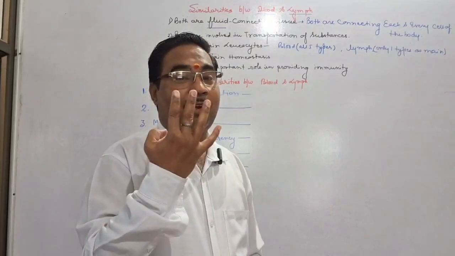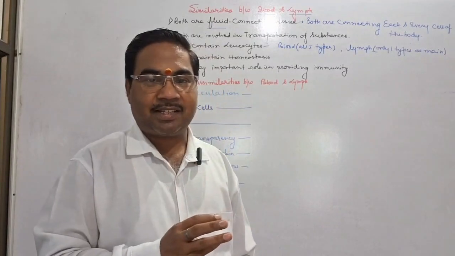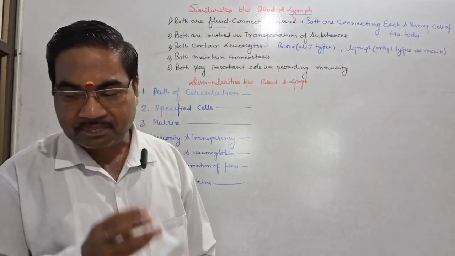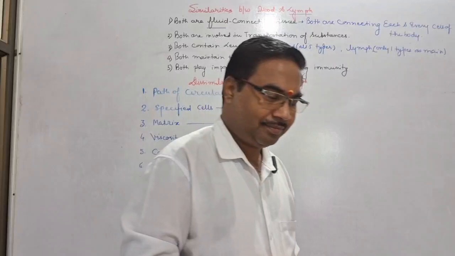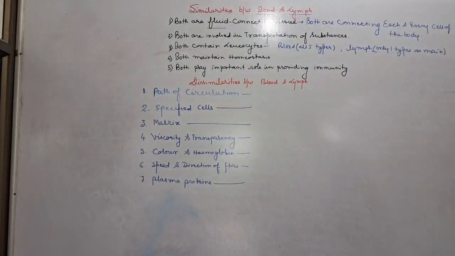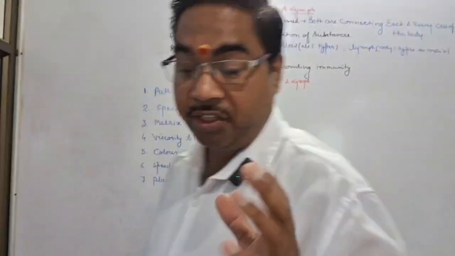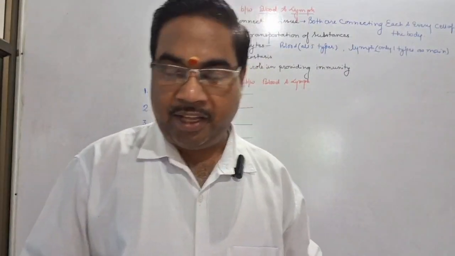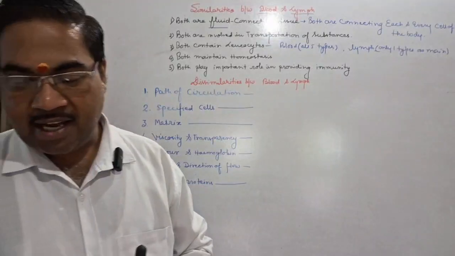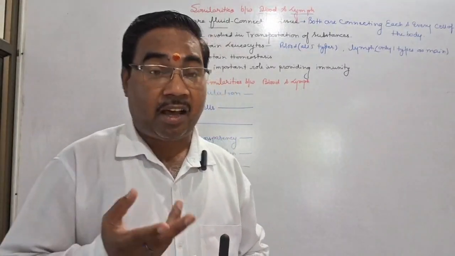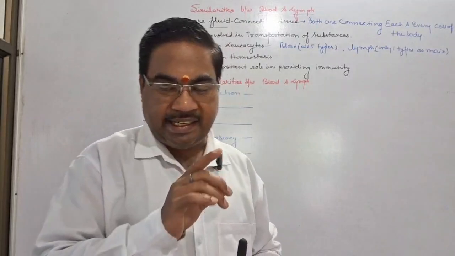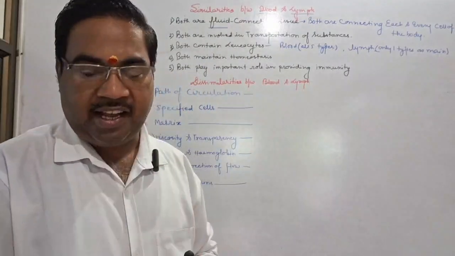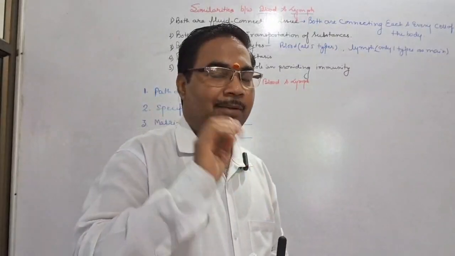T lymphocytes are of 4 types: killer or cytotoxic T cells TC, helper T cells TH, repressor T cells TR, and memory T cells TM.